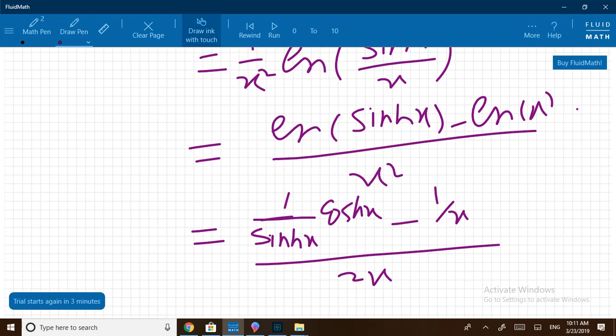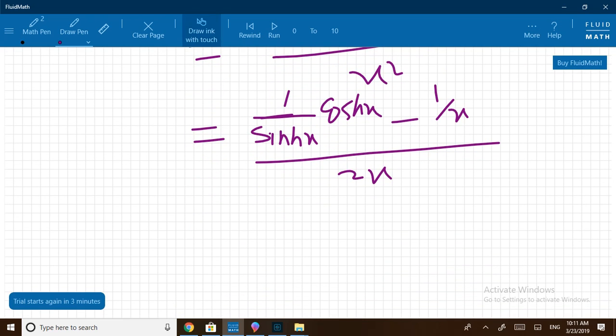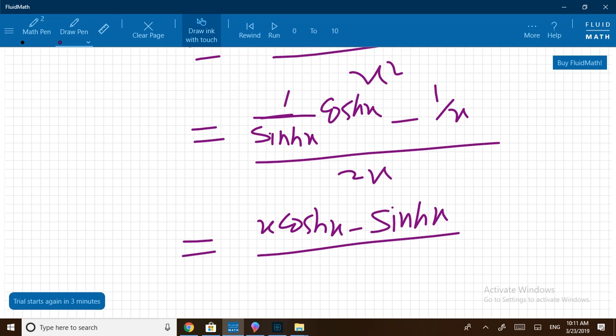Okay, now after taking the LCM, which is x sine hyperbolic x, we get x cos hyperbolic x minus sine hyperbolic x, and when it shifts into the denominator, 2x square sine hyperbolic x, as x approaches 0.